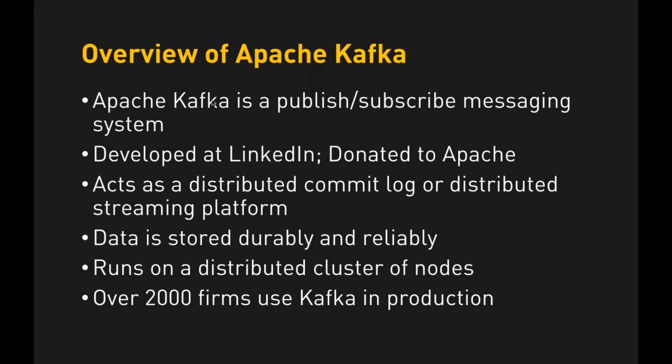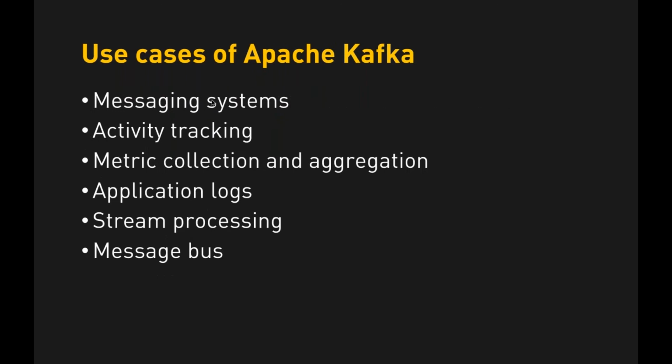Many other managed cloud services that you may be familiar with, like AWS Kinesis or Azure Event Hub or IBM's Message Hub, are all modeled around Kafka. So it's a very popular ingestion service in the cloud, but it can also be deployed as containers or as VMs running on premises. So what are the use cases of Apache Kafka?